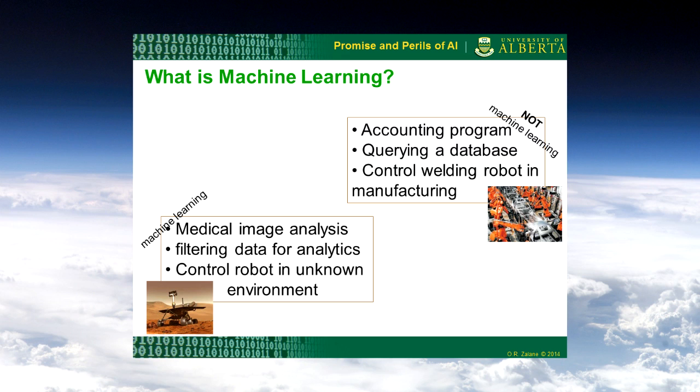Well, let's take some robots. Robots are intelligent. Well, if I go to a manufacturing plant where we, let's say, build cars, you have robots that put some pressure and weld different pieces together, assemble pieces.